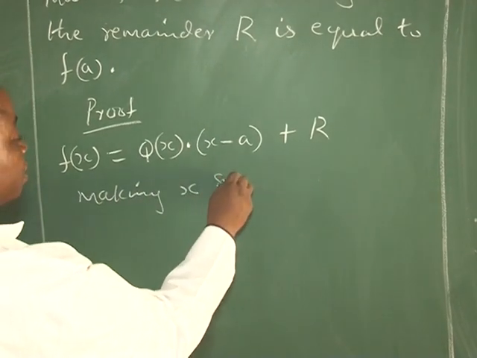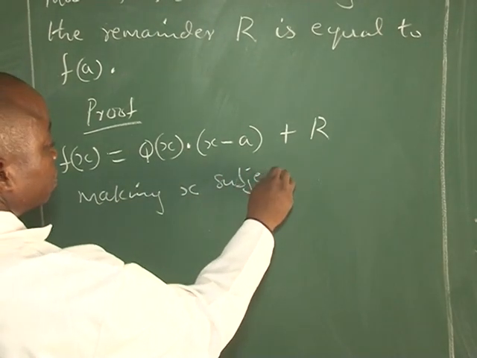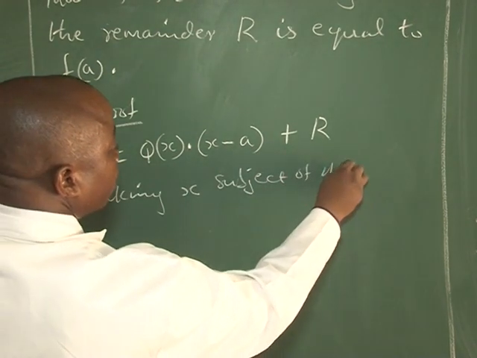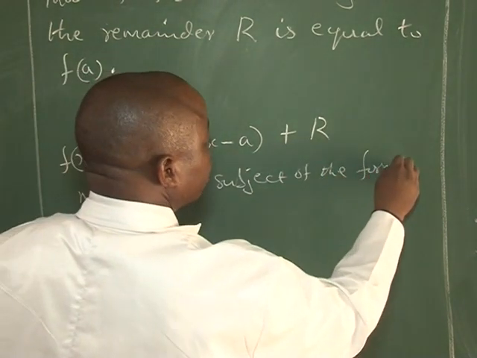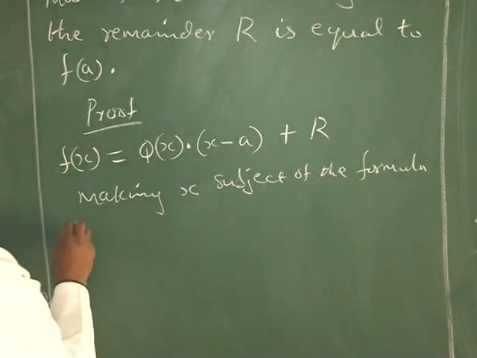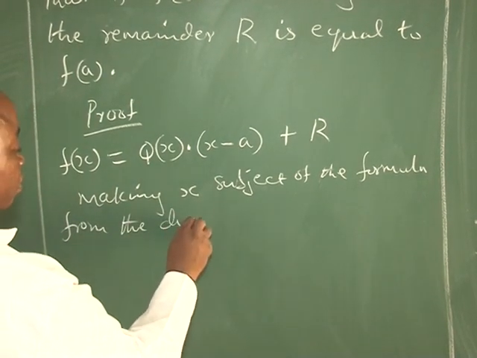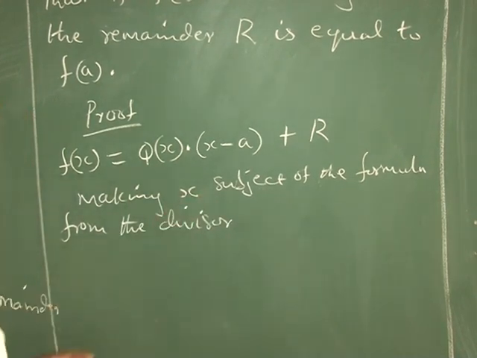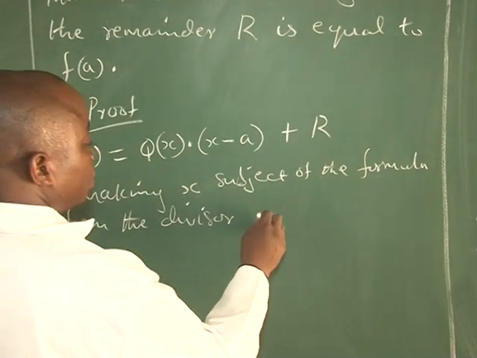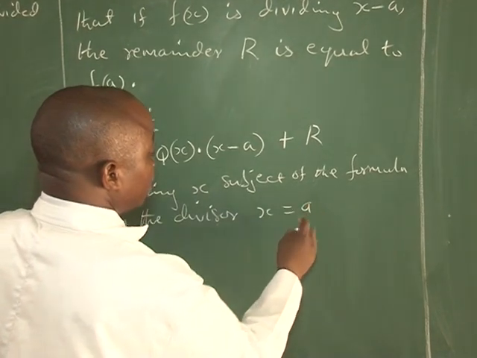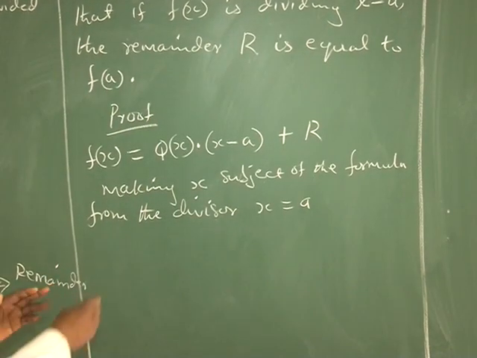Now, making x the subject of the formula from the divisor. You know, the divisor is x minus a. So we'll have x equal a. Now let's substitute.